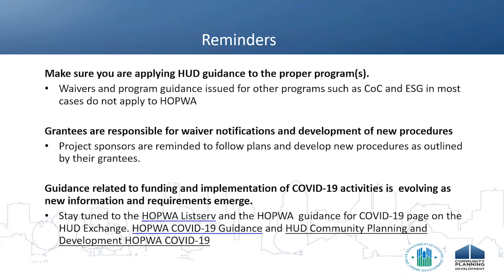Grantees are responsible for notifying HUD of their intention to use waiver flexibilities and develop new policies and procedures associated with using those waivers. And then grantee project sponsors are reminded to follow those plans and then update their own policies as outlined by their grantees.